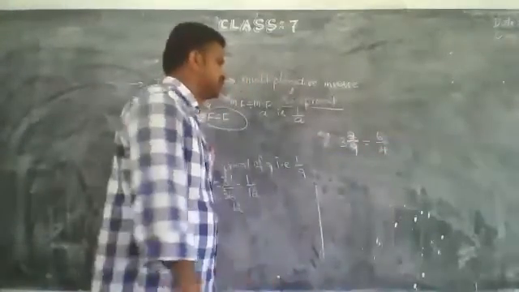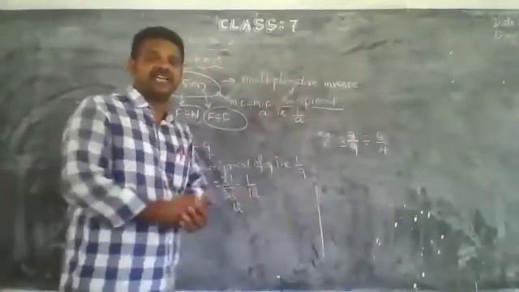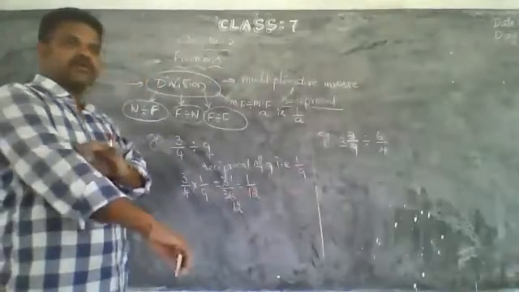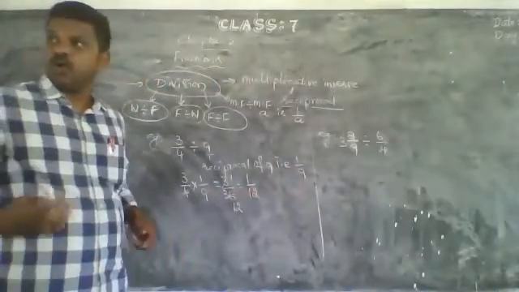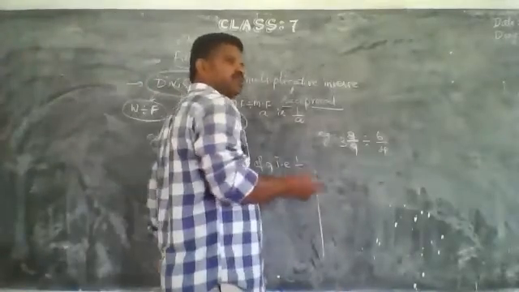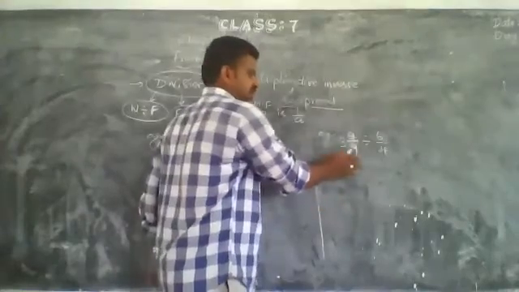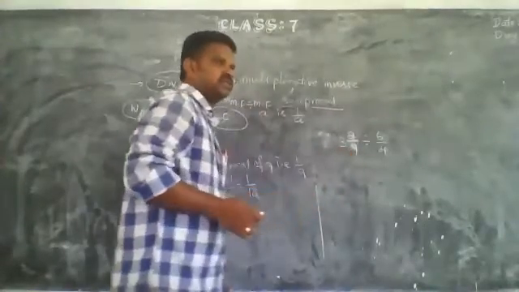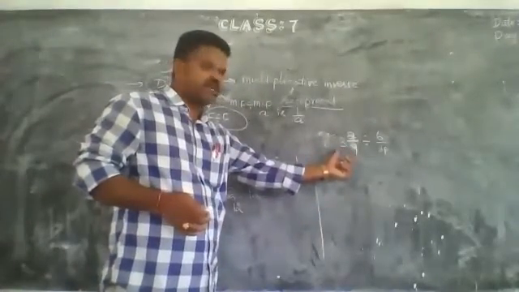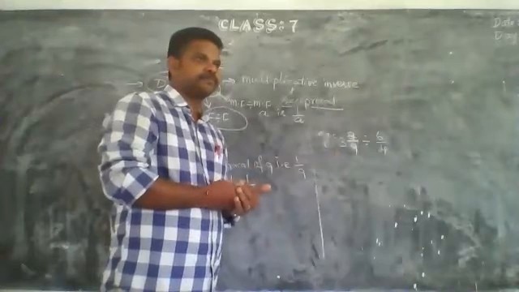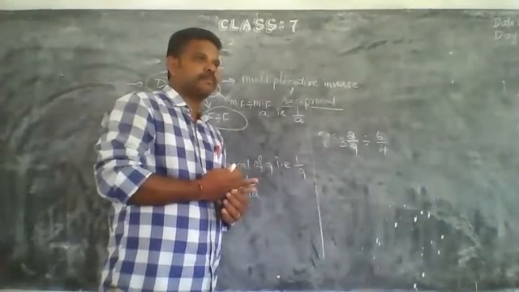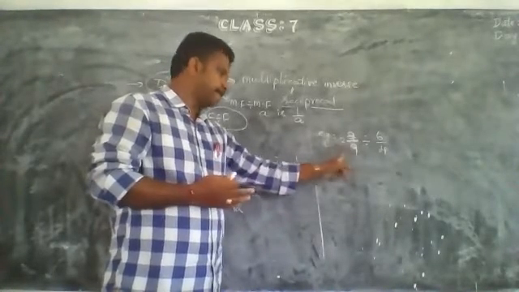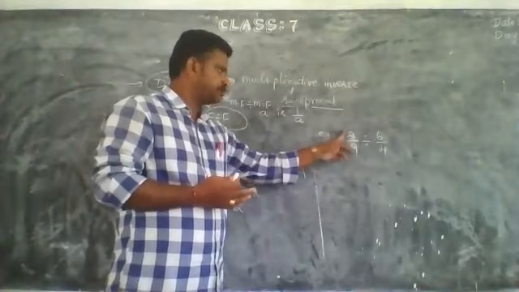So now it is a mixed fraction. Very good. So convert this mixed fraction into an improper fraction. Come on, convert this mixed fraction into an improper fraction. 3 nines are 27, 27 plus 2.